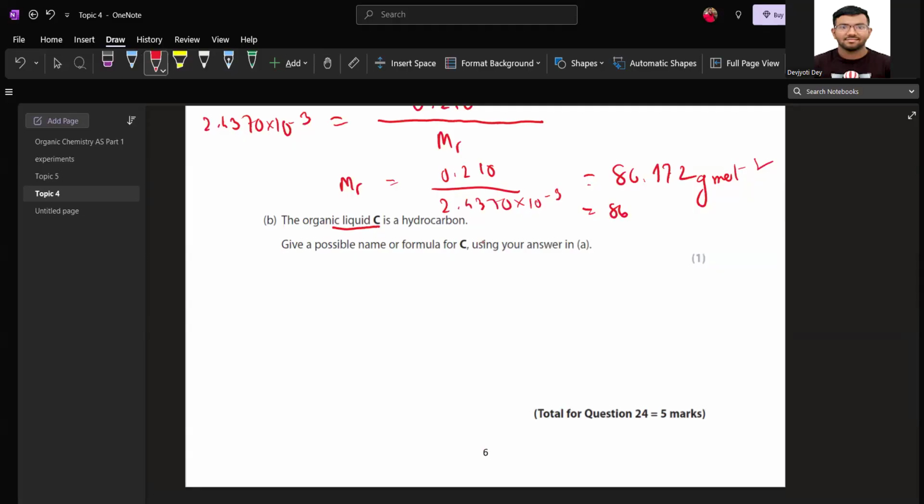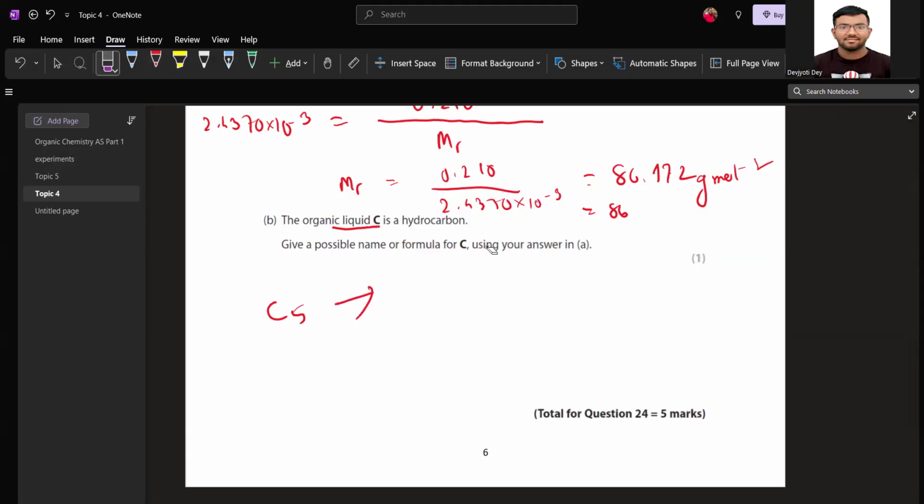So I'm not going to consider that. We know that if the carbon number exceeds 5, only then liquid starts to be found.